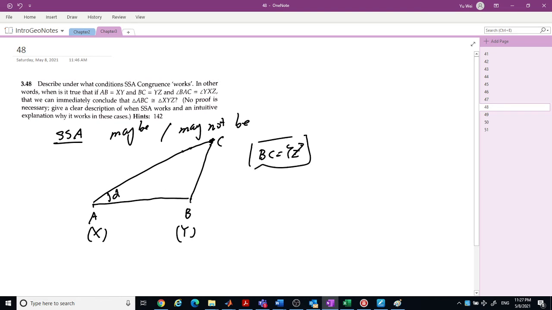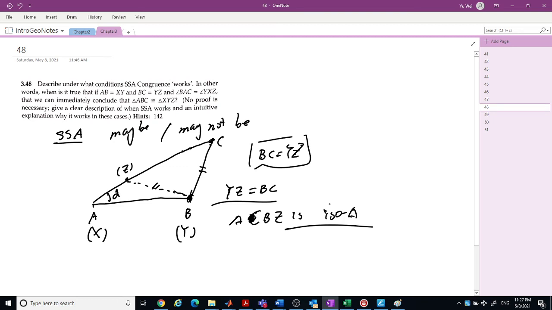You can see this is BC, but I can also do another one. If this one is an isosceles triangle with YZ equals BC, so triangle CBZ is an isosceles triangle, so it's still possible, right? That's why Z and C may or may not be the same point. Okay, next.